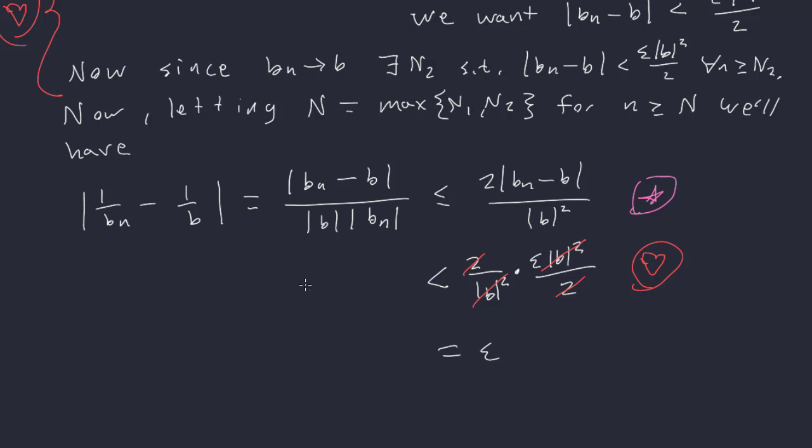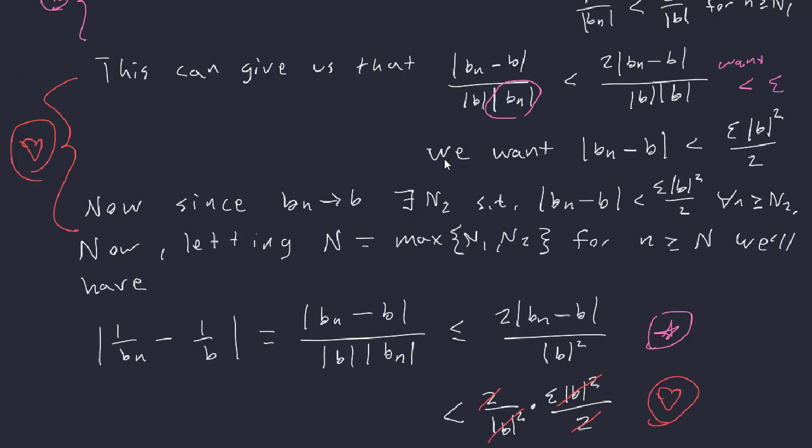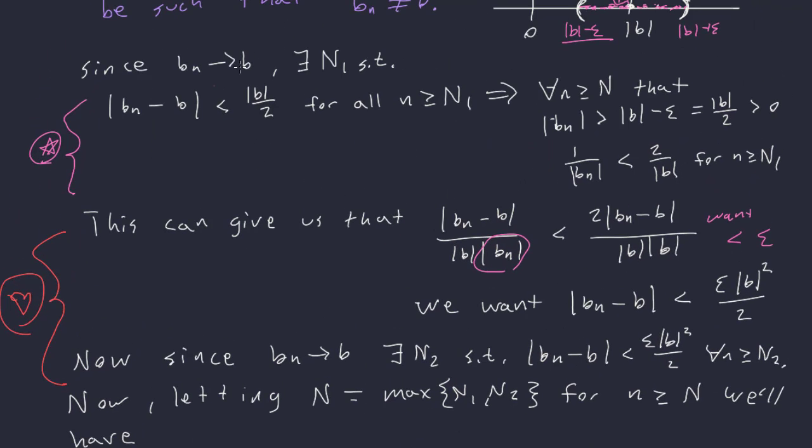So we had a step where we had to make sure that the bn's were not equal to 0, and then we had to take another step to get bn minus b small enough to be less than something that will cancel this stuff. First we had to go out far enough so that the bn's were never going to be 0 again, and we had to get out far enough to where this bn minus b was small enough.